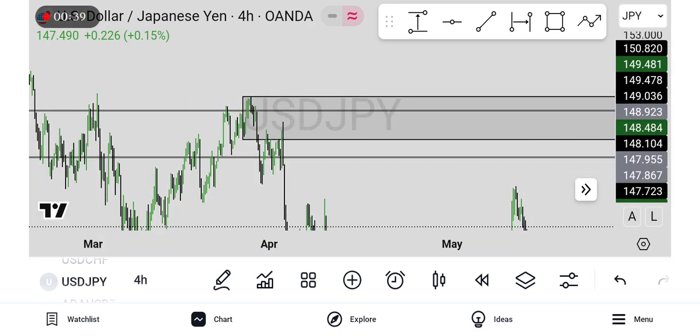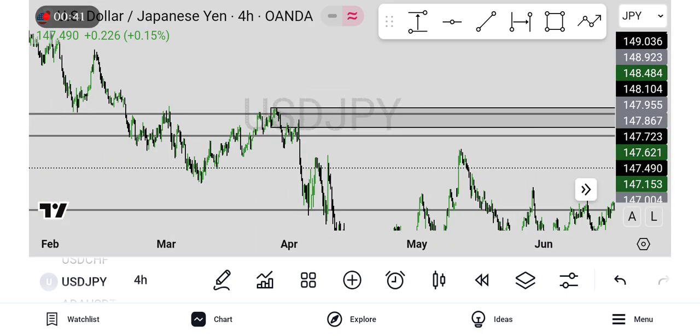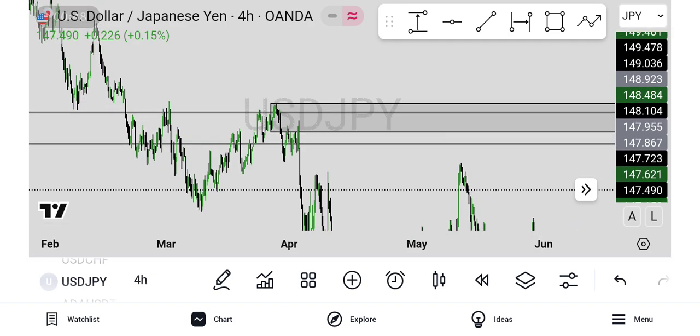So, for example, if you want to take an entry after making your analysis, you have to mark out order blocks or supply blocks from higher time frame.